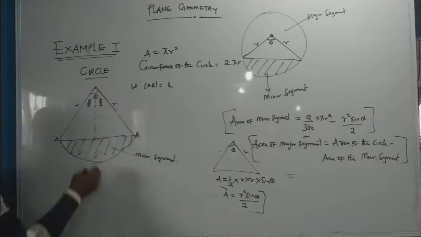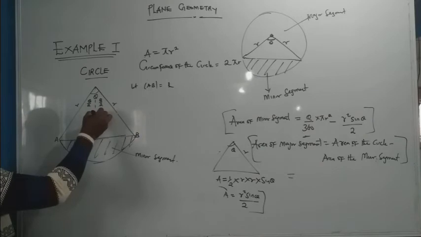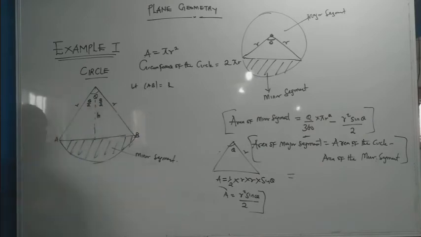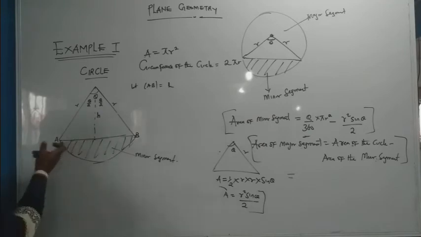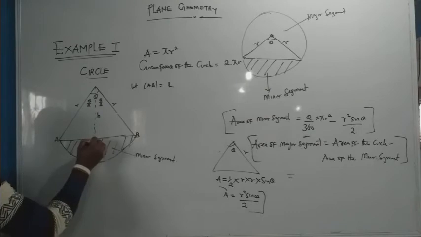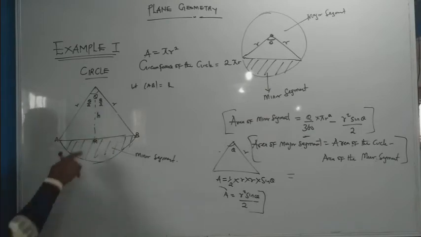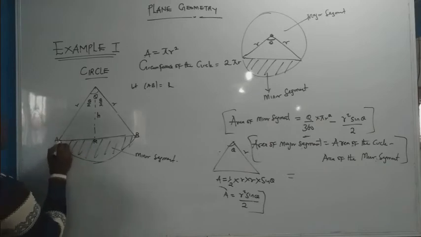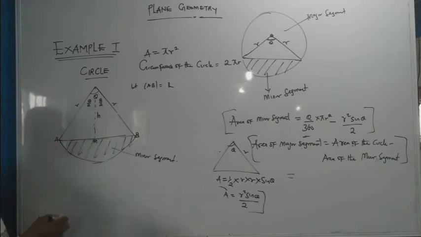What's the height? The height is represented as H. So how do we now get the length of the chord? Let me make here point M, which is the middle of AB. If I have just the value for this length, definitely we have the value for both sides.